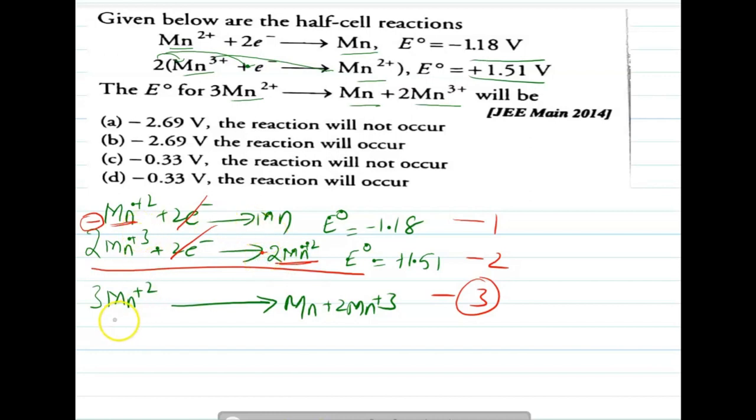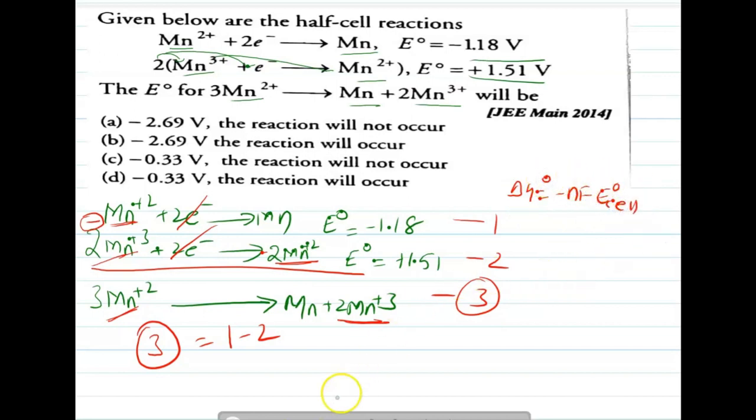When it comes to the other side, it will be 3 Mn plus 2. And 2 Mn plus 3, when it goes to the other side, will become plus. So you can get the third equation from 1 minus 2. So you can take delta G is equal to minus NF E naught cell. This is how you need to use it to solve this problem.